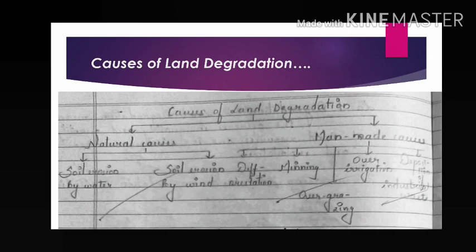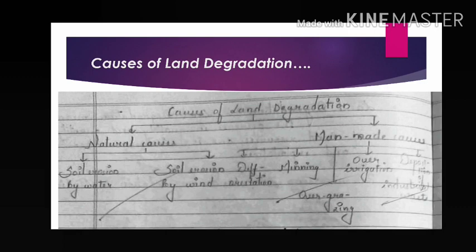First one is deforestation. Here the spelling is wrong: deforestation, D-E-F-O-R-E-S-T-A-T-I-O-N, single F, not double F. In afforestation it is double F, but in deforestation single F. Deforestation means cutting down of trees, and it is a cause of land degradation, because we know very well that the roots of the trees hold the soil, making it compact and solid. Soil erosion will be less if the number of trees is more.